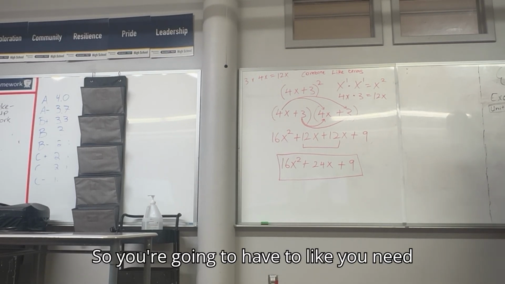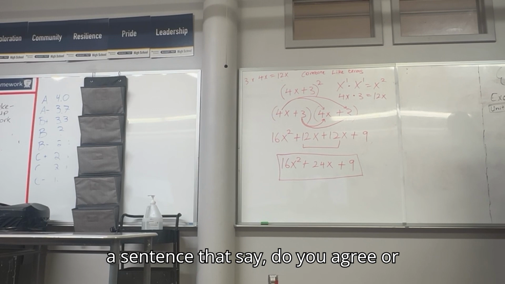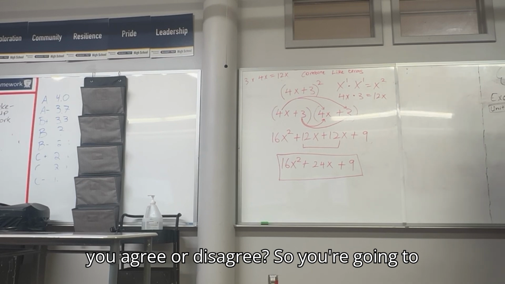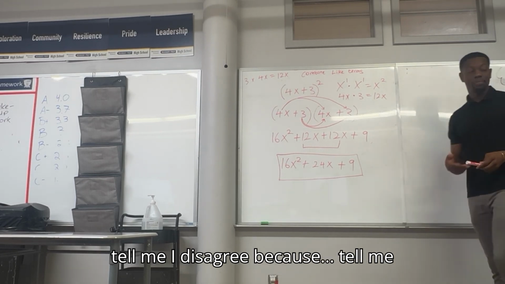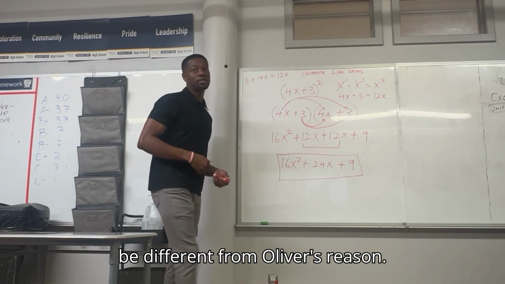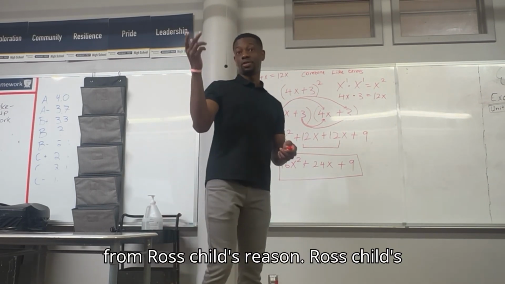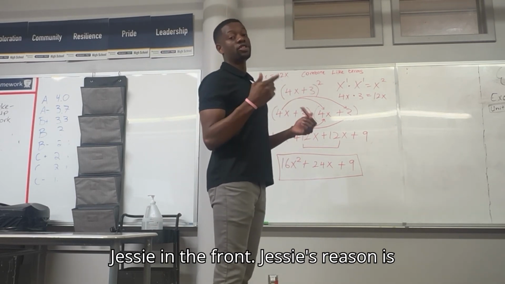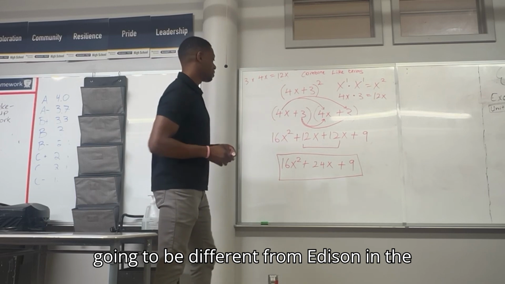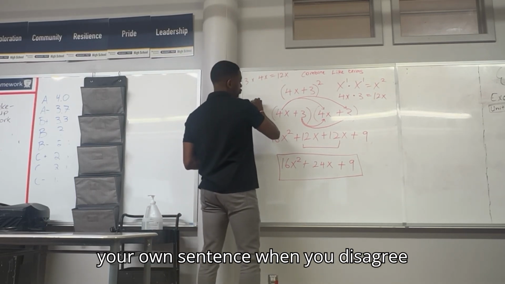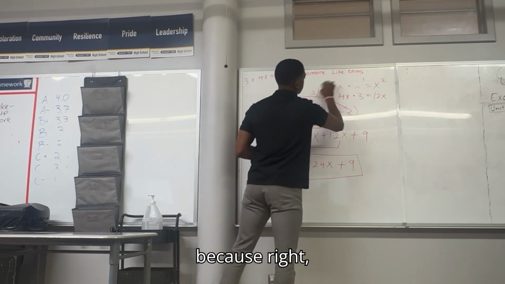So you need a sentence that says, do you agree or disagree that this is equal to this? So you're gonna tell me, I disagree because, tell me your reason. And your reason is gonna be different from Oliver's reason. Oliver's reason is gonna be different from Rothschild's reason. Rothschild's reason is gonna be different from Jesse in the front. Jesse's reason is gonna be different from Edison in the back, right? So you're gonna give me your own sentence. When you disagree because, right?